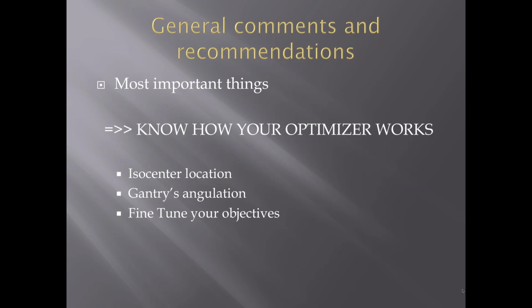So for me, the most important thing is to know how your optimizer works. It means to try a lot of things, to try different plans with maybe 2 arcs, 3 arcs, different configurations with your arcs, to place your isocenter in a different localization, and to make your own experience.